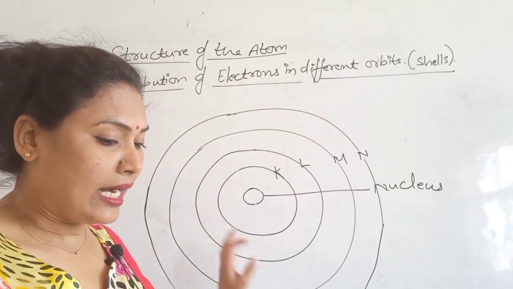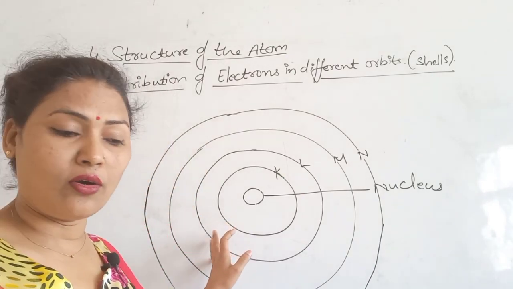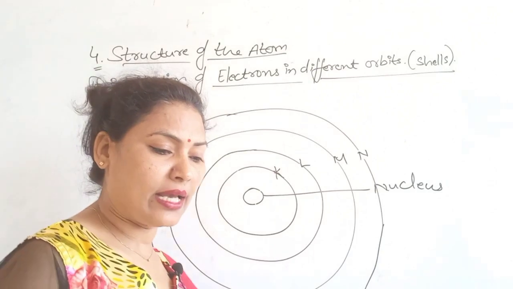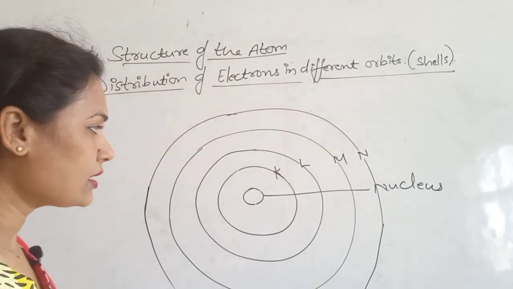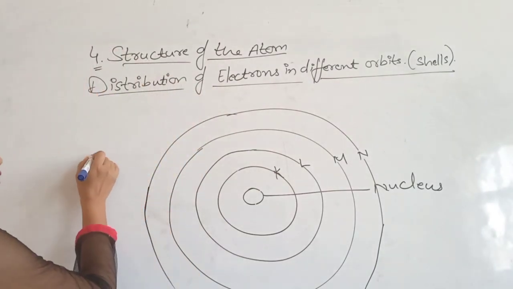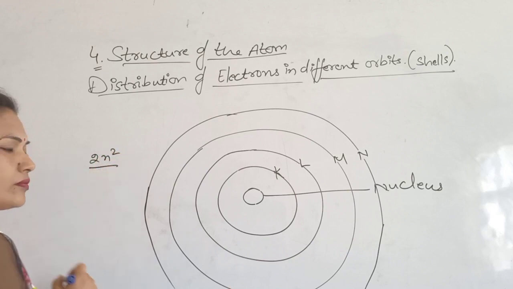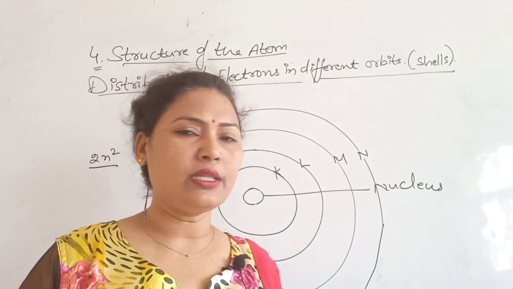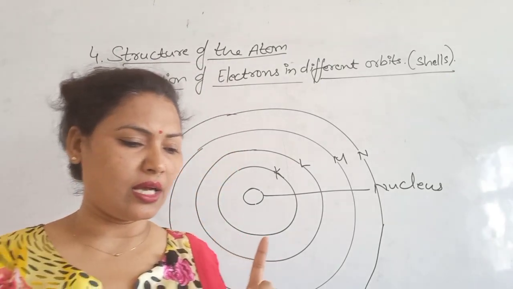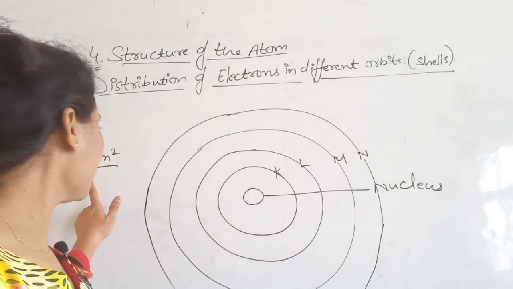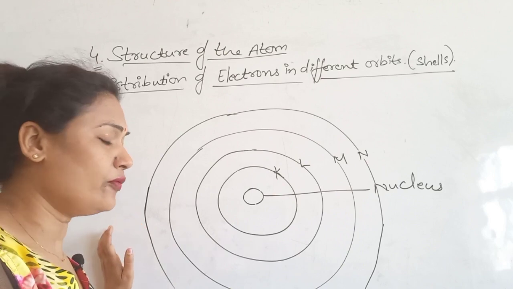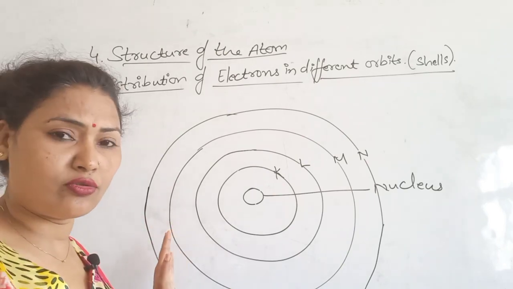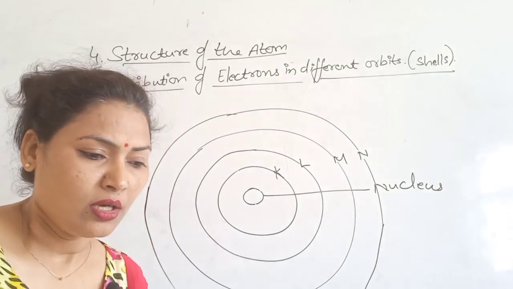According to that, the distribution of electrons in the shells is based on the formula 2n square. It means if the first orbit, that is the K shell, then n is 1. So you can find out the number of electrons according to that. How can you find out?